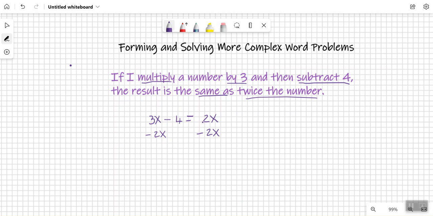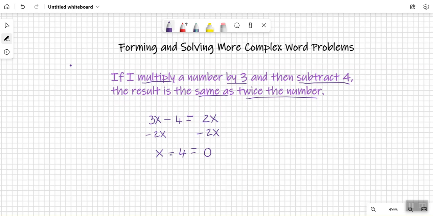If we do this, 3x minus 2x is just going to leave me with x minus 4 is equal to, 2x minus 2x will just leave me with 0.